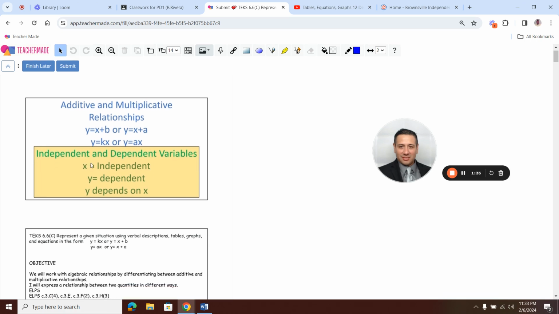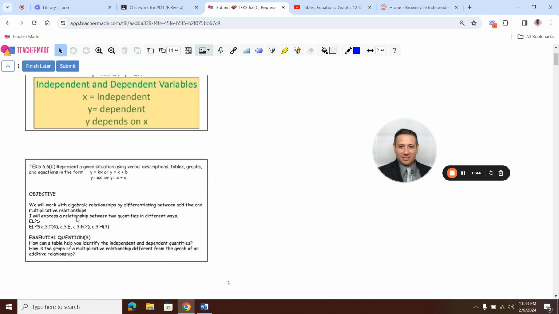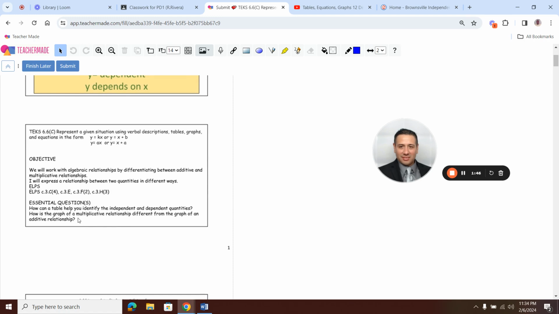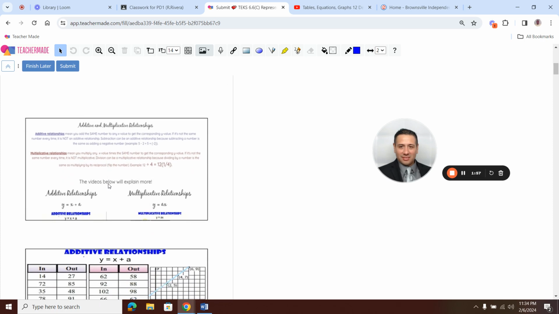Again, x is always your independent, y is your dependent, y depends on x. This is just a summary of how we can use a table to identify the independent quantities. How is the graph of a multiplicative relationship different from the graph of an additive? We talked about that.